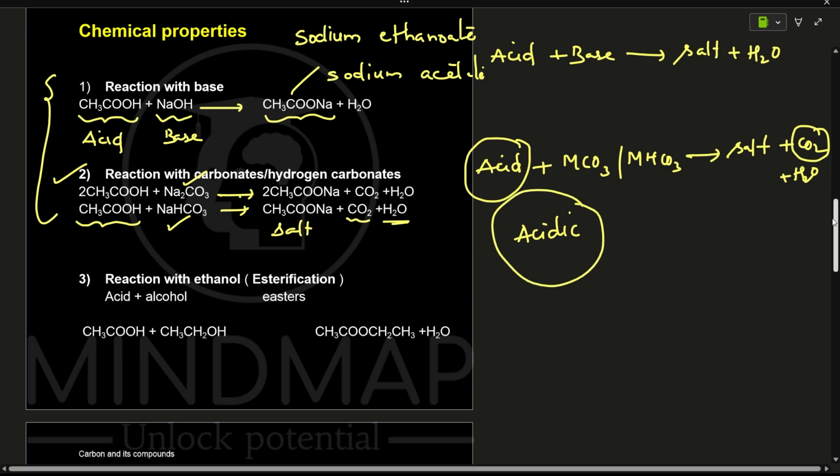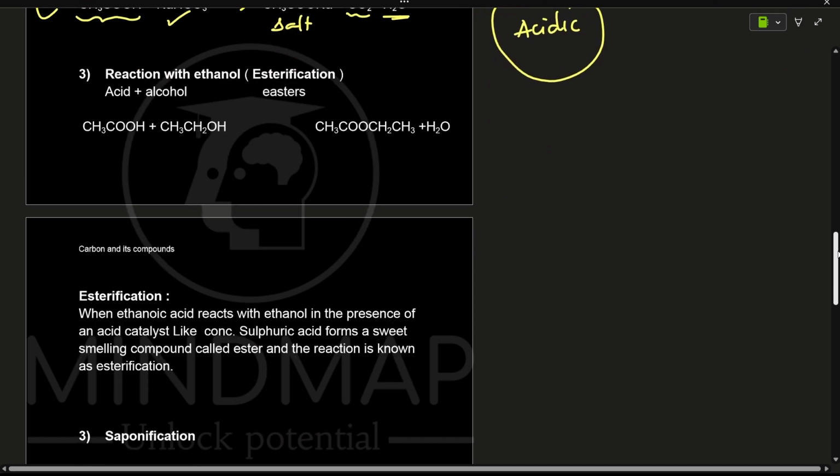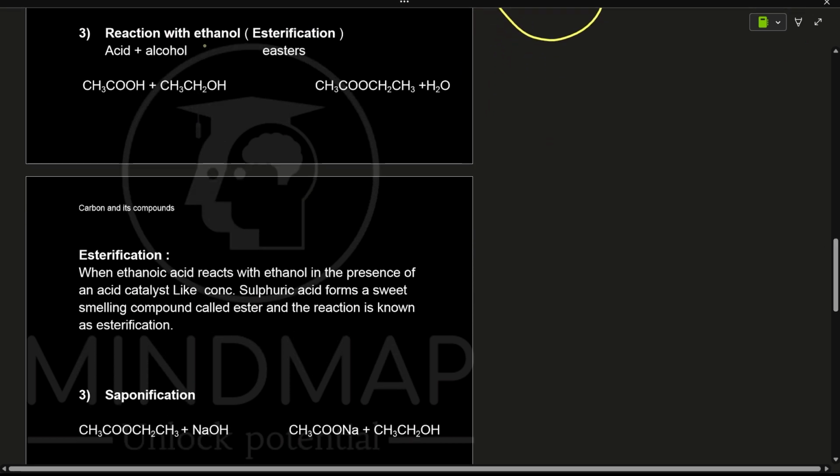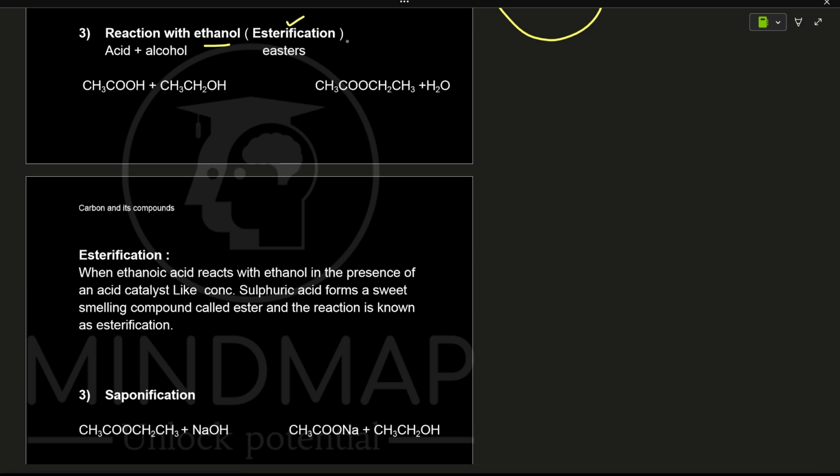ठीक है, ओके. Now let's move on to the next reaction, that is the reaction with ethanol, and this reaction is also known as esterification. So how do you get ester? यहाँ A नहीं आएगा. When acid reacts with alcohols, we get esters in the presence of some concentrated acid, or you can say an acid catalyst. कोई भी catalyst होना चाहिए जो कि acidic catalyst की presence में you will get an ester group.